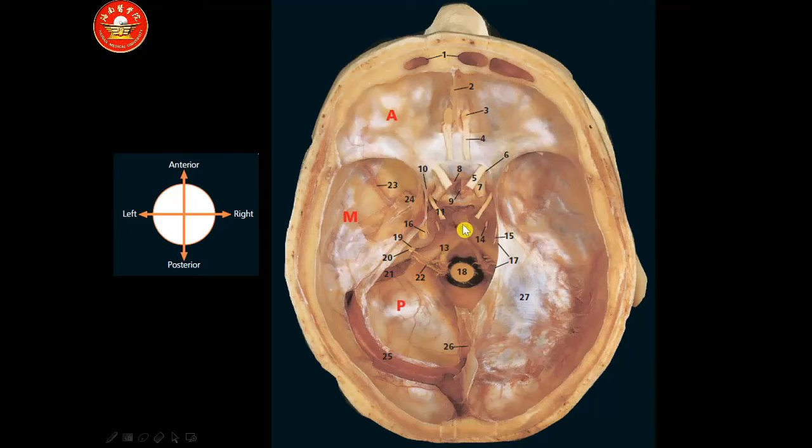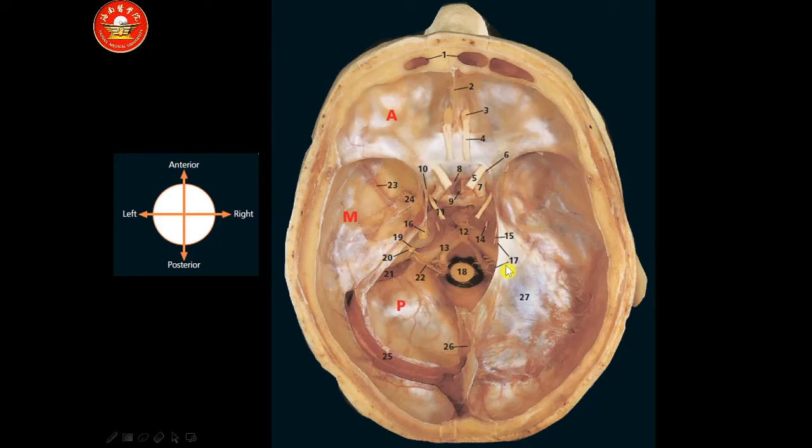Number 12 basilar artery. Number 13 the vertebral artery. Number 14 abducens nerve. Number 15 trochlear nerve. Number 16 trigeminal nerve.